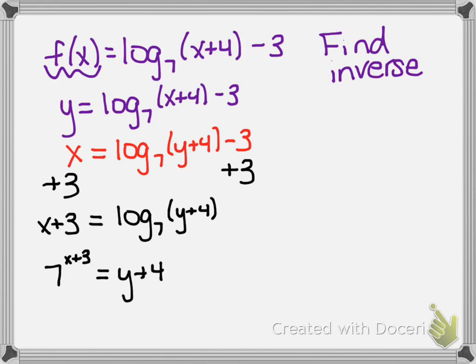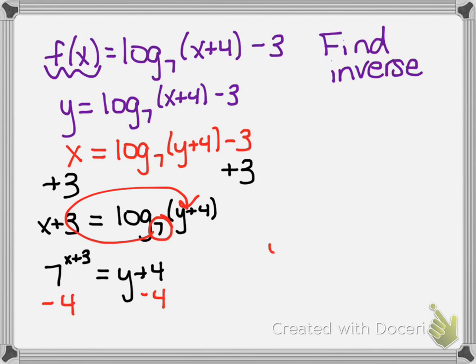So the y plus 4 is not on the same side as the 7 anymore, and the x plus 3 now is. Or do your lasso. Okay, go through here and loop around.